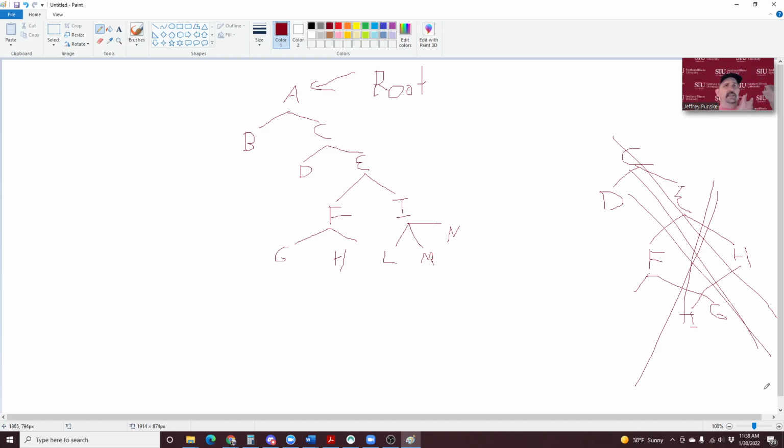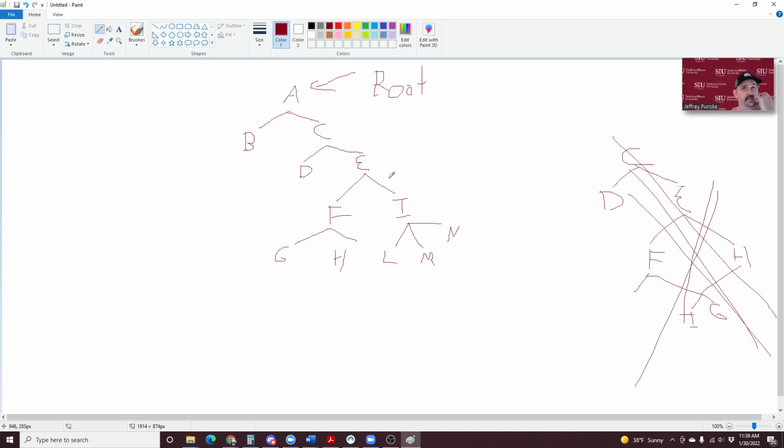Okay, so that's the basics of a tree. We've spent a lot of time over the last couple videos talking about constituency, and I've talked about how our phrase structure rules represent constituency. And they represent constituency through the notion of these nodes.